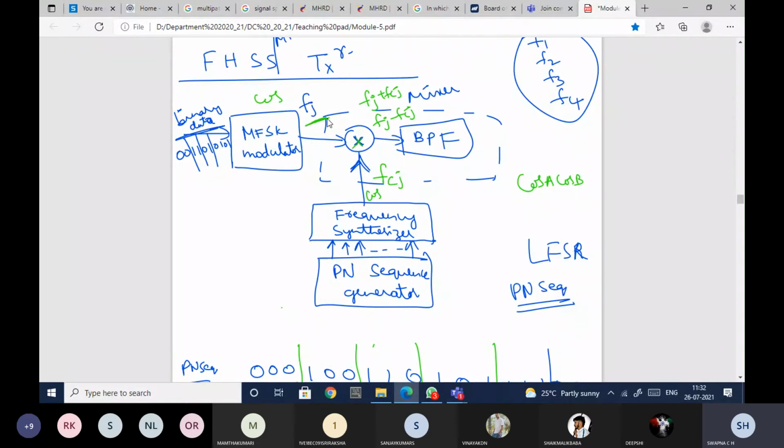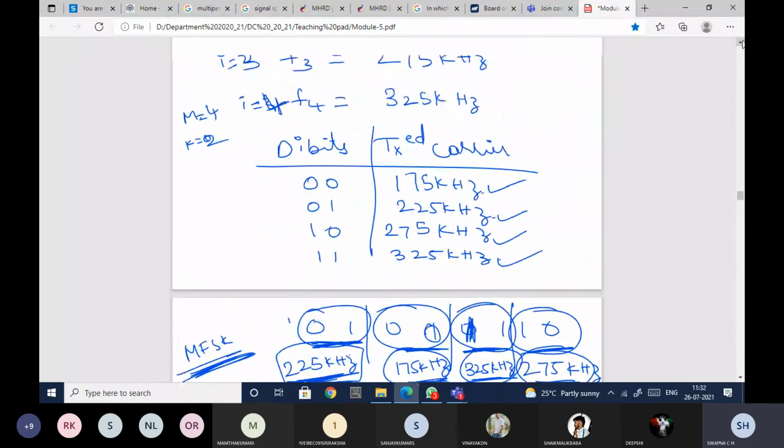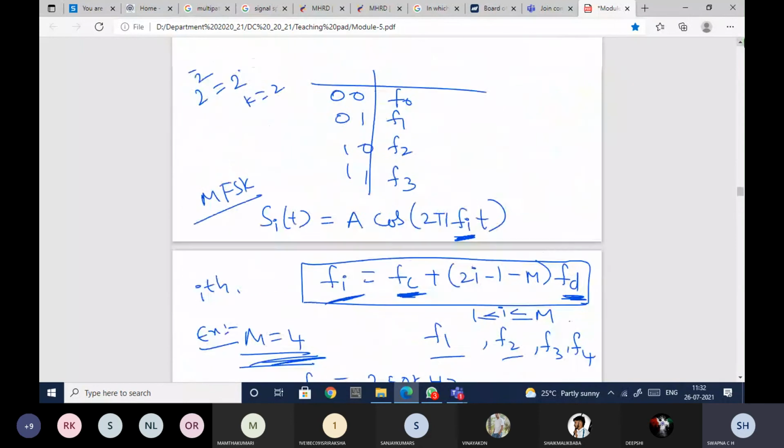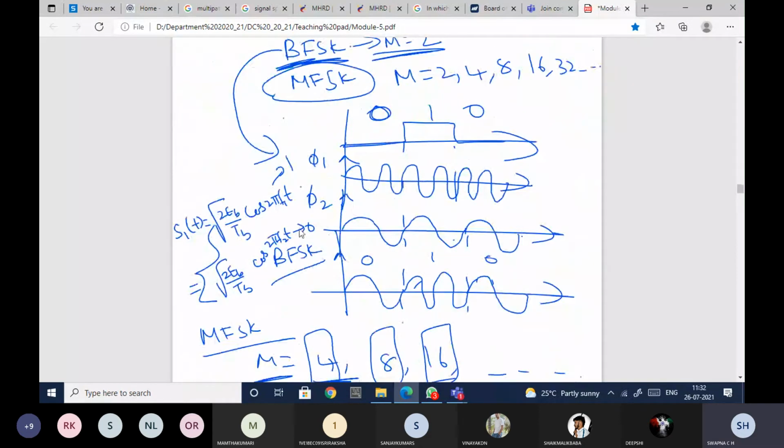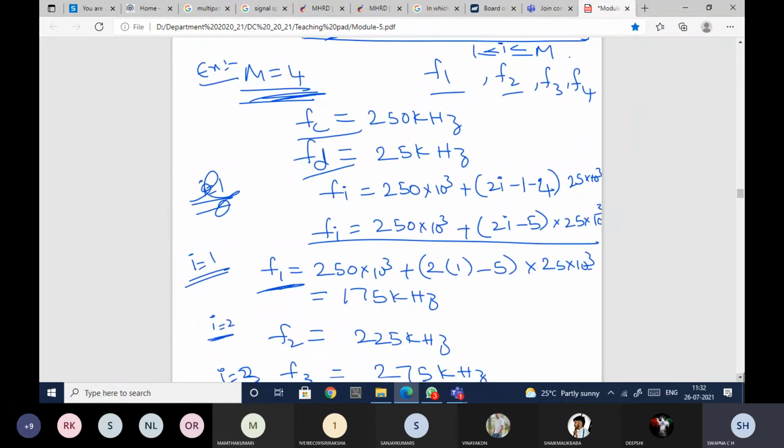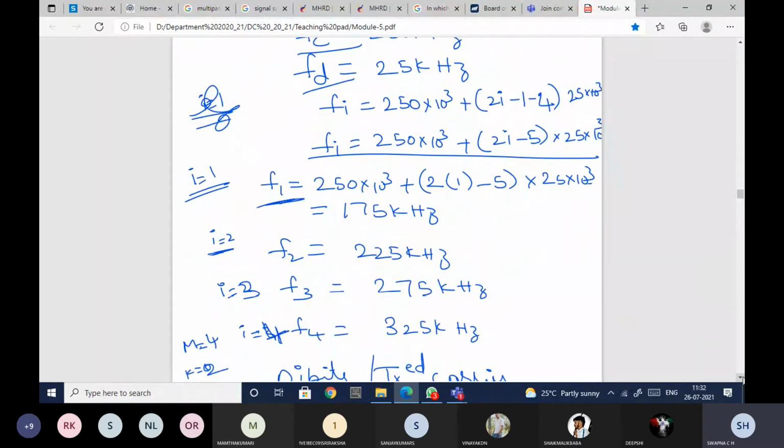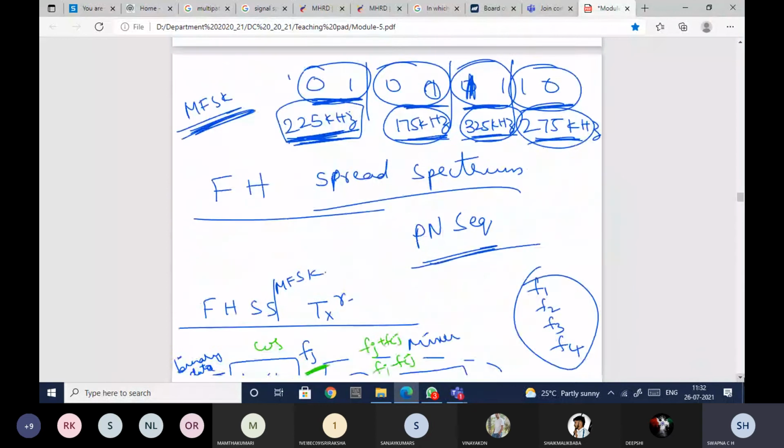See here, Fj is the frequency that is coming out of this MFSK modulator. It is nothing but cos 2π Fj t, and that will be the input to the product modulator here. Since Fj is the frequency, I have just denoted it as Fj.